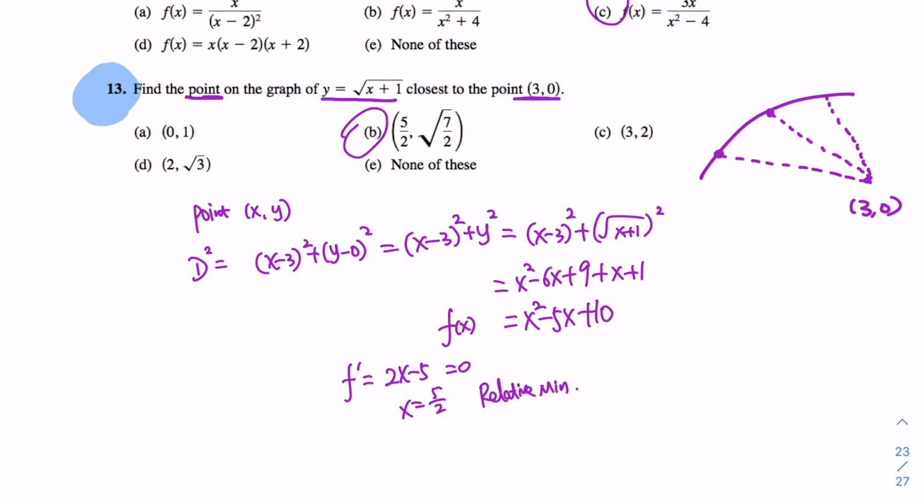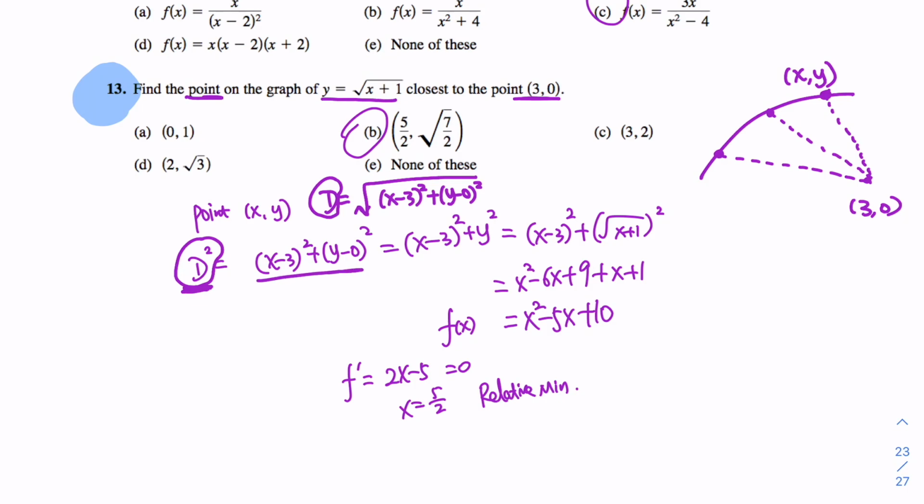First, we find the distance between any point (x, y) on the curve and (3, 0). The distance equals the square root of (x minus 3) squared plus (y minus 0) squared. Because distance is always positive, it will be much easier to minimize d squared instead of d. We don't want to include the square root. If d squared is a minimal value, then d will also be a minimum value.